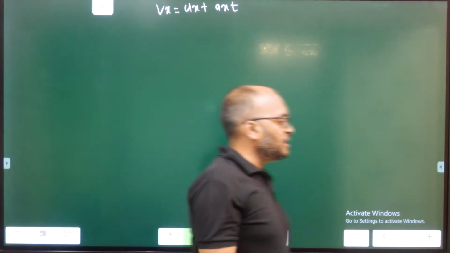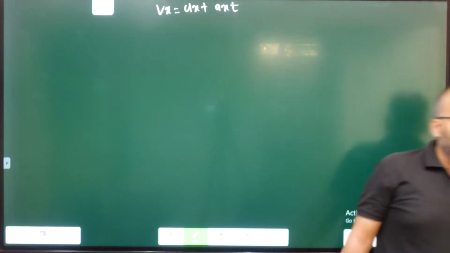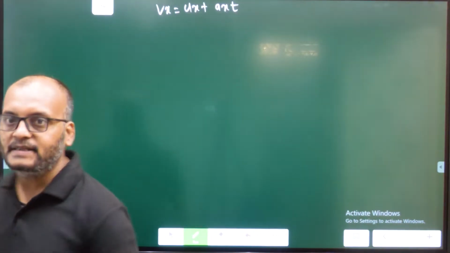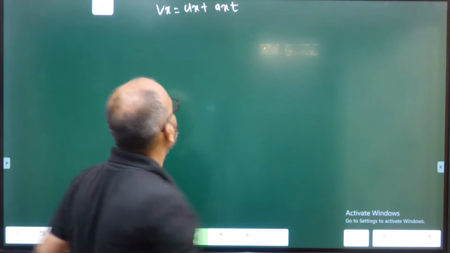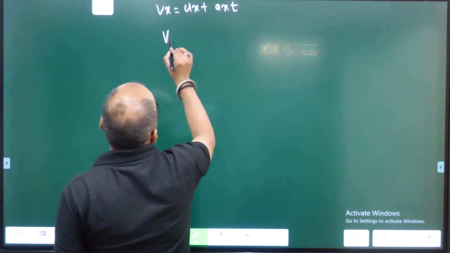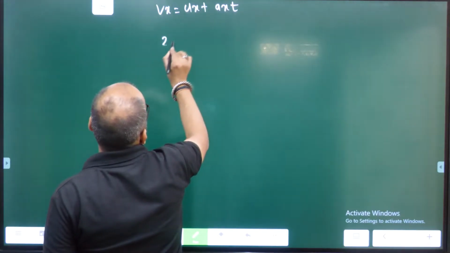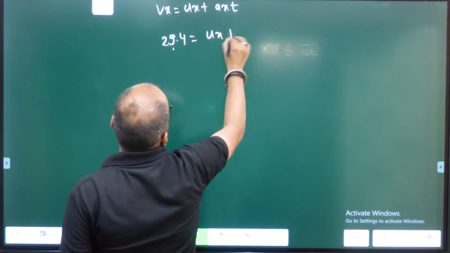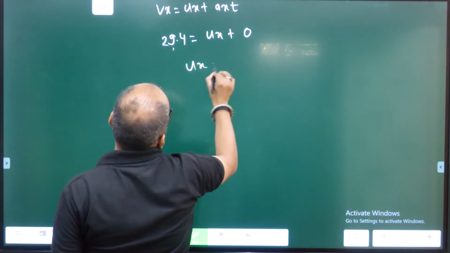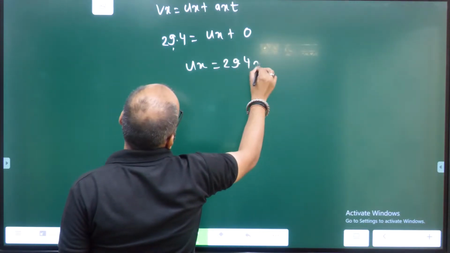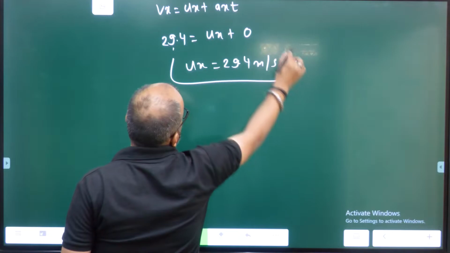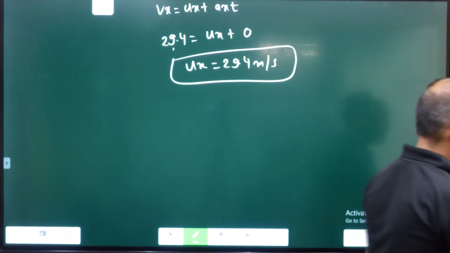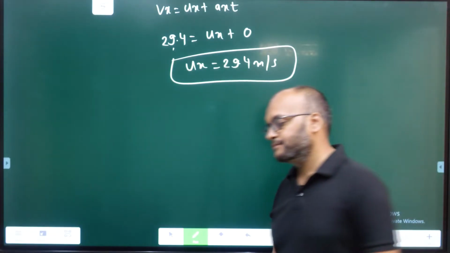What is the acceleration along x-axis? Horizontal acceleration. 0. Yeah. So Vx is 29.4. So ux will be plus 0. So ux will come out to be 29.4 meters per second. That's the answer of second part. Please note it down.